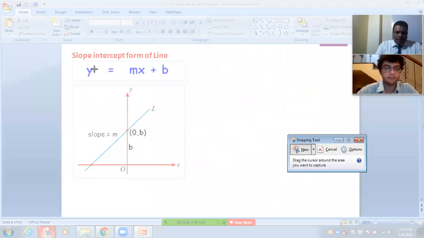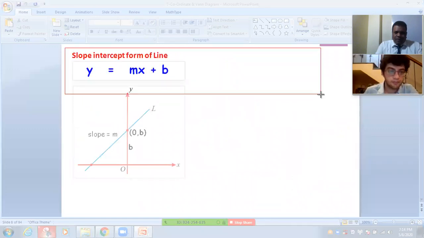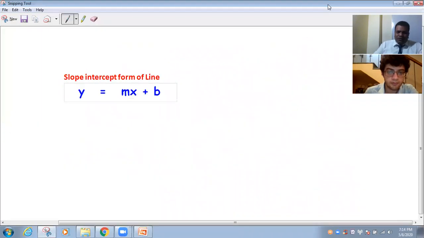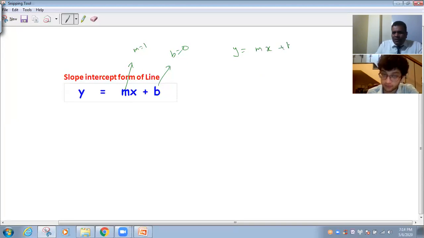I repeat, I'm going to make this line b 0 and m is 1. So what is the equation of line? Y is equals to mx. Y equals x, since m is 1 and b is 0. So basically equation of line is going to be y is equals to x.